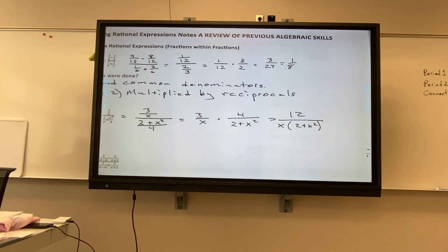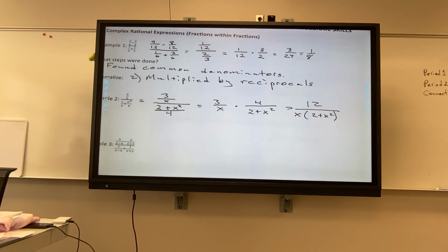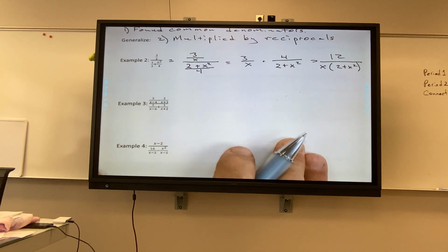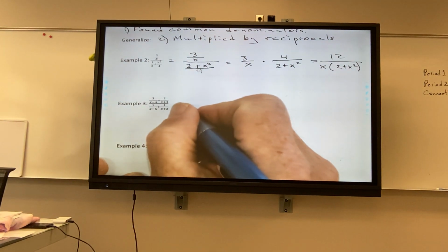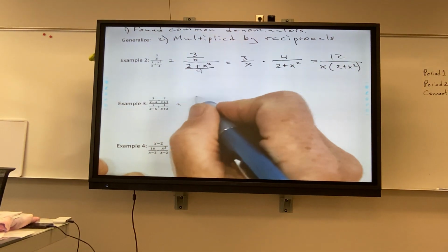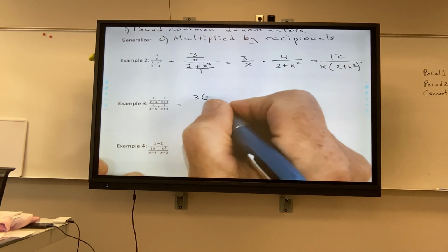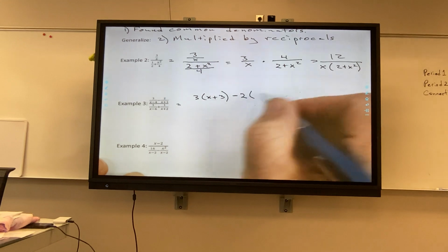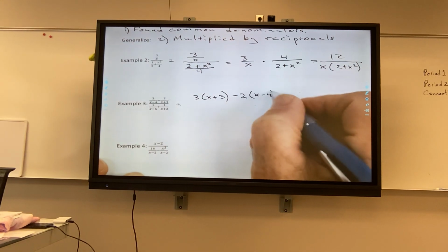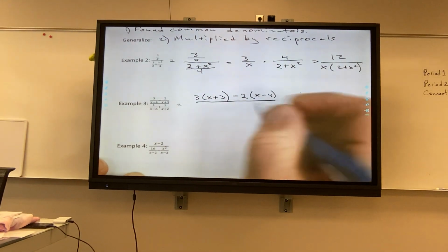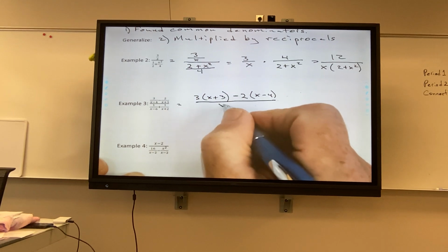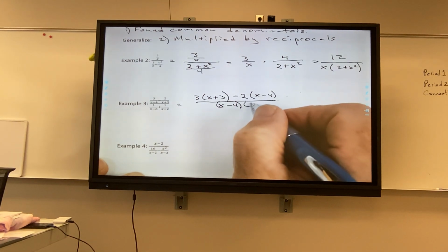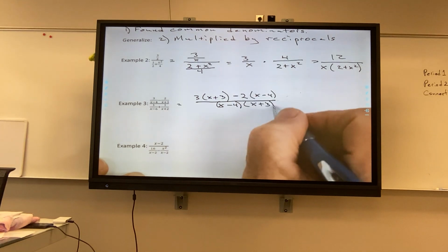Okay. All right, so this next one, I'm going to look at the top. And I'm going to write this as 3 times x plus 3 minus 2 times x minus 4 over x minus 4 times x plus 3.